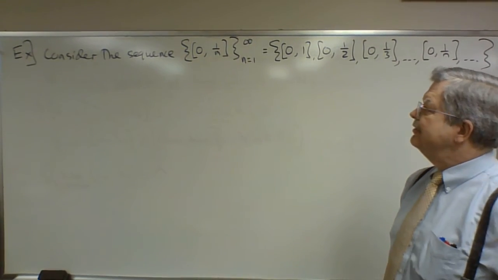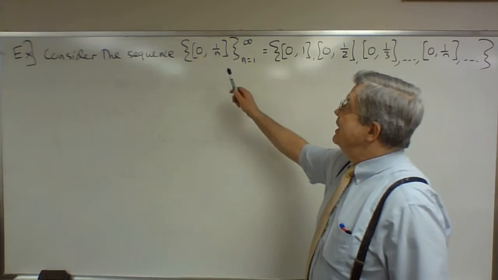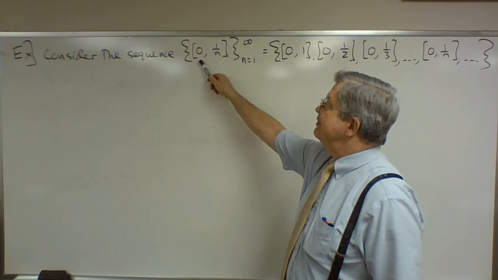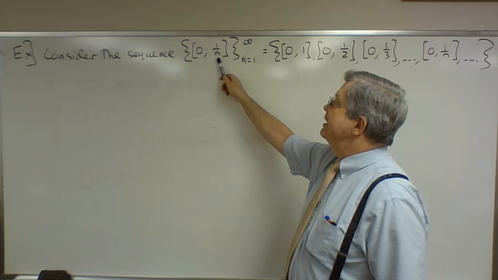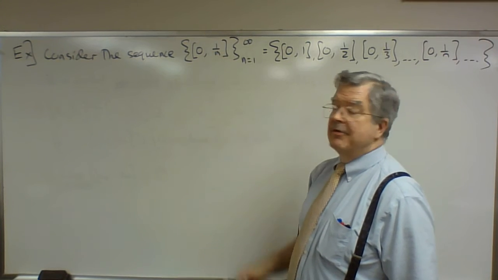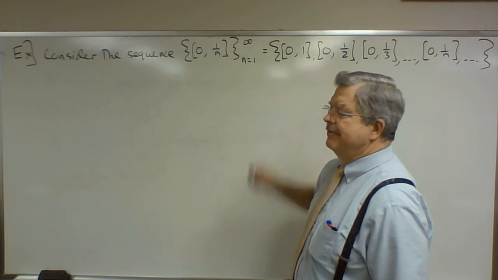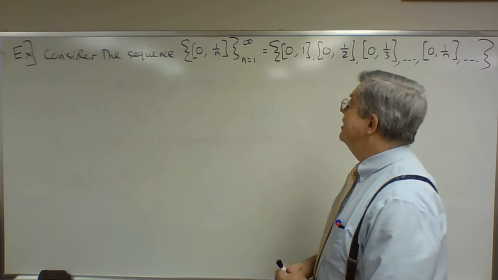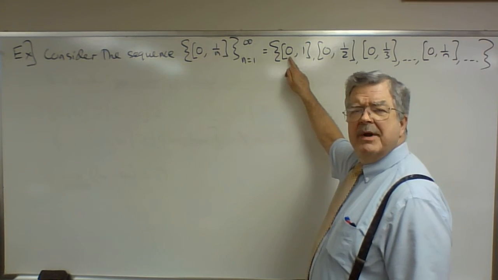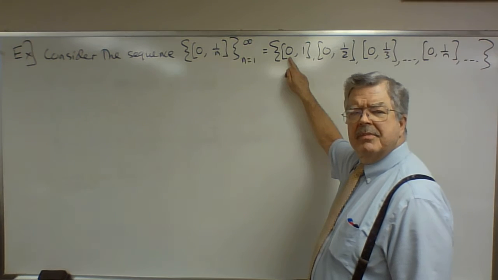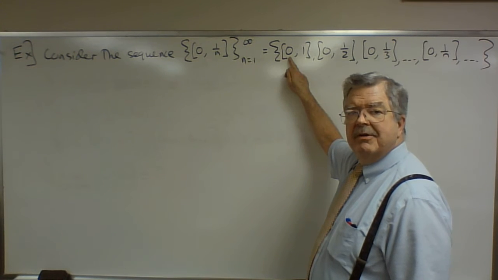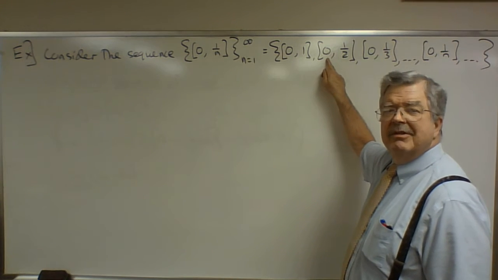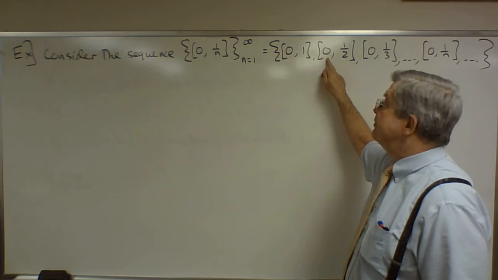Okay, let's look at this example. We have the sequence of closed intervals with left endpoint 0 and right endpoint 1 over n, where n goes from 1 to infinity. So notice that the left endpoint of an interval is also the same as the left endpoint of its successor.